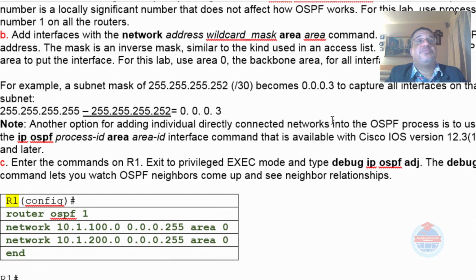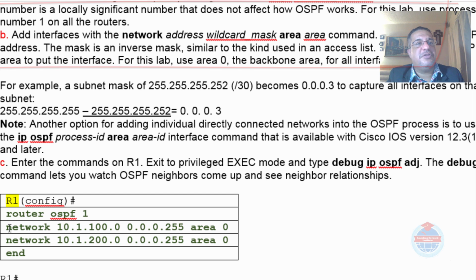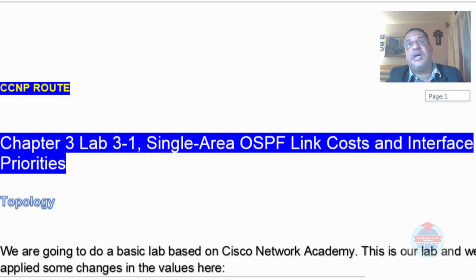And over here, they are talking about Part B, add interfaces with network address wildcard mask area, some value command. What they are talking very specifically is this part over here, network, the network that you want to add. Let me show you really quick, guys.